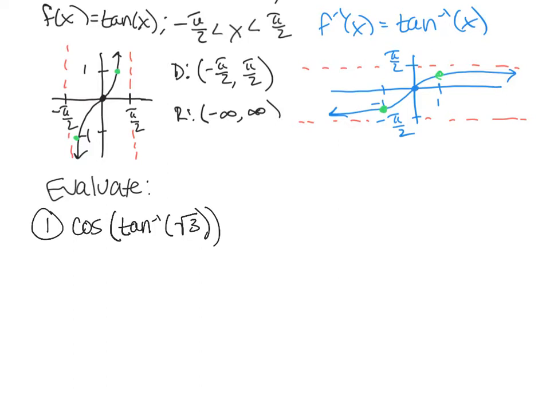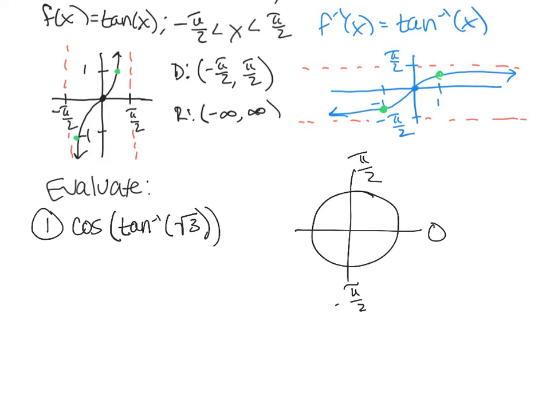So just keep in mind, if I was to look at a unit circle, we are going to be looking here for our inverse stuff. And our inverse stuff happens to be in the middle. So we're just going to start with the inverse stuff right off the bat.